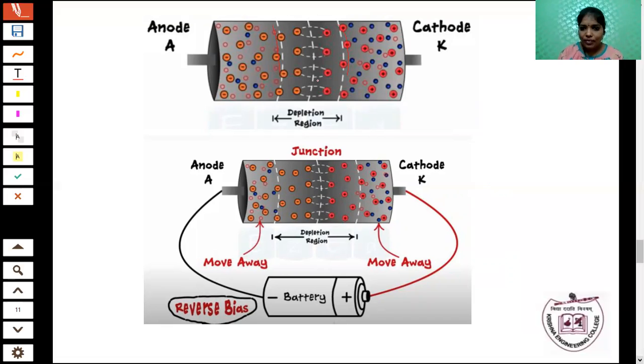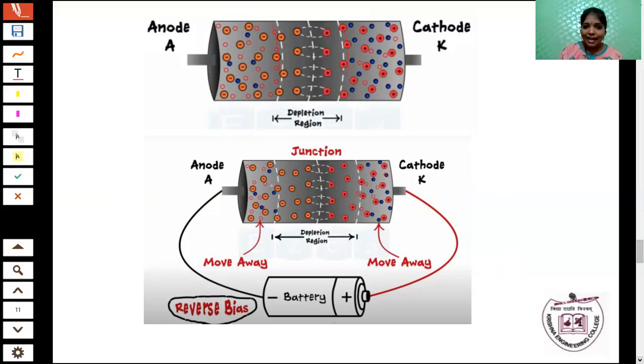So when the electrons and holes move towards the battery, there are no free electrons and holes near this junction. That means the depletion region width is increased. When the depletion region width increases, a larger potential barrier is created across the depletion region, so it does not allow the current to flow through it. There is no movement of electrons, so there will be no current in the PN junction diode.